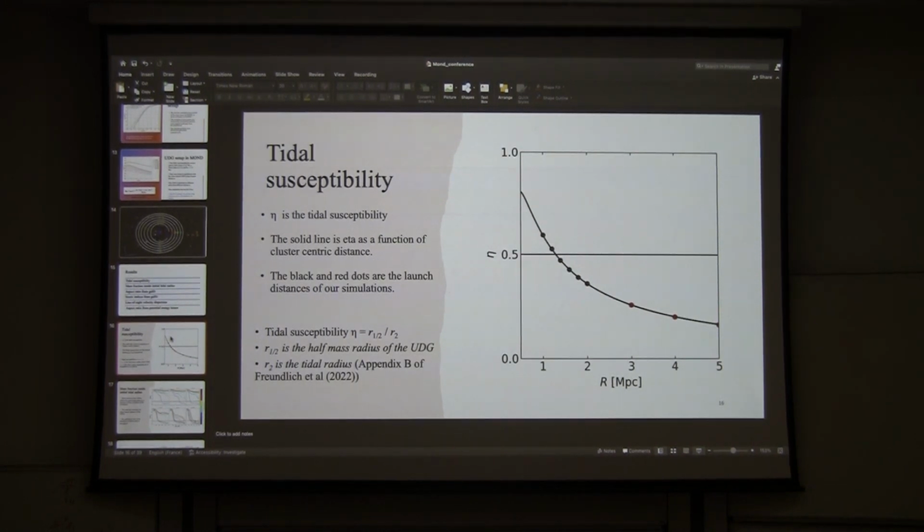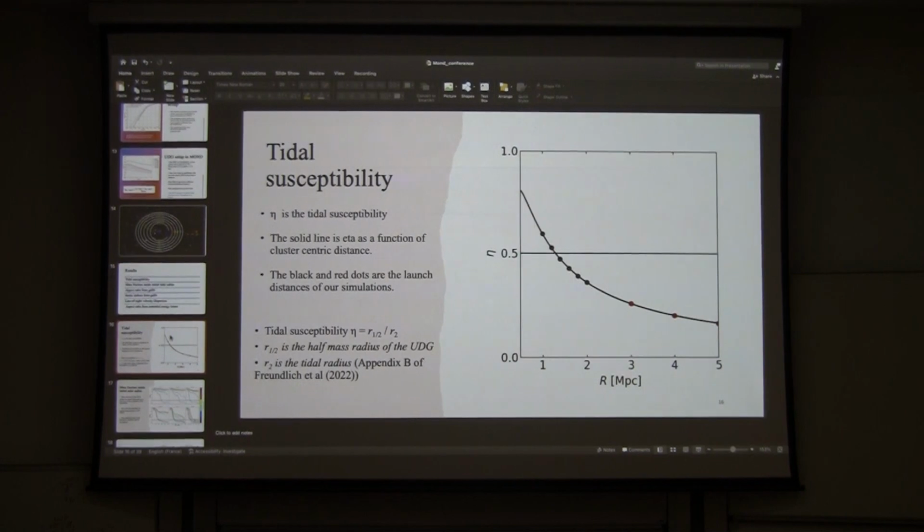We'll just take one more question if anyone wants to comment on this. Oliver had a question. Very nice work. I was wondering, how difficult is it to go from these simulations to group environments where you, for example, don't have X-rays?